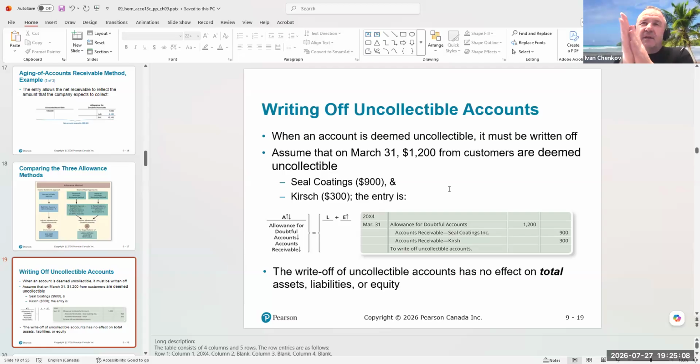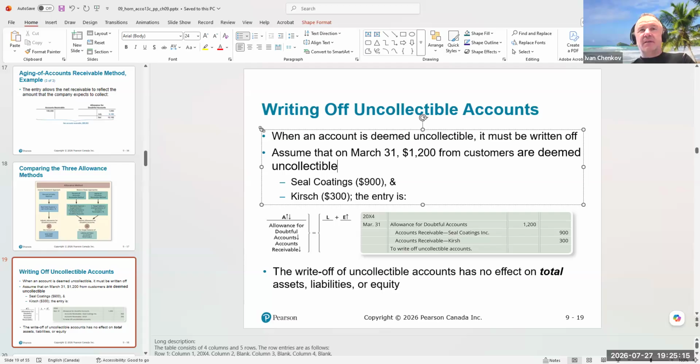In this scenario, we're assuming that on March 31st, we identify two customers who may not pay. So what we have to do is reduce their accounts receivable, bring them to zero. Since they're not paying, we write it off. And for the same amount, we have to reduce the allowance for doubtful accounts.